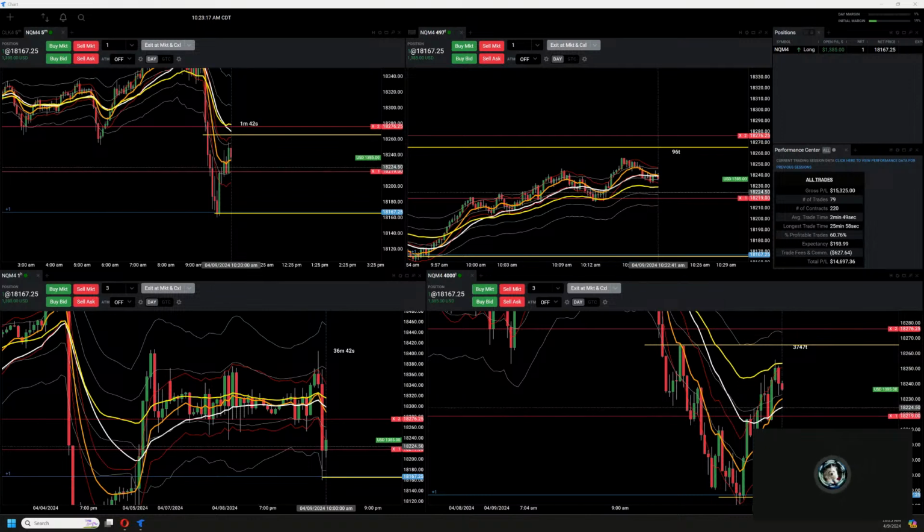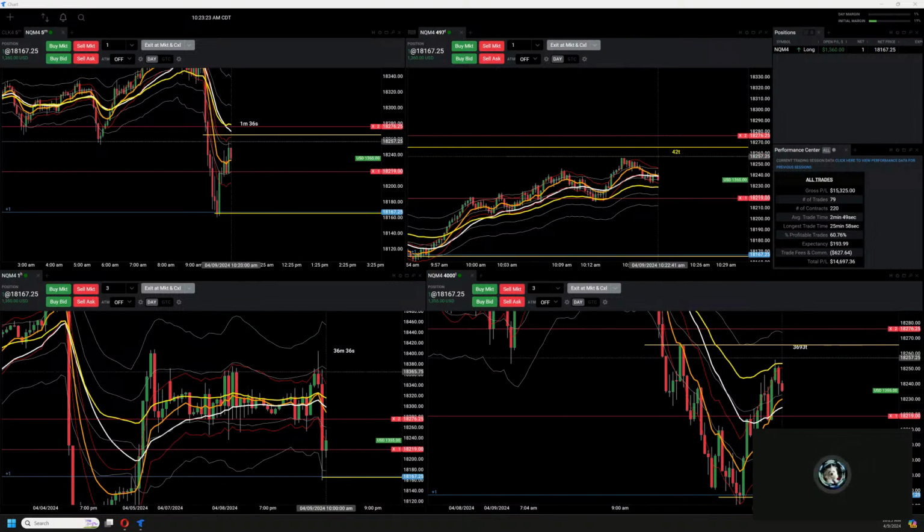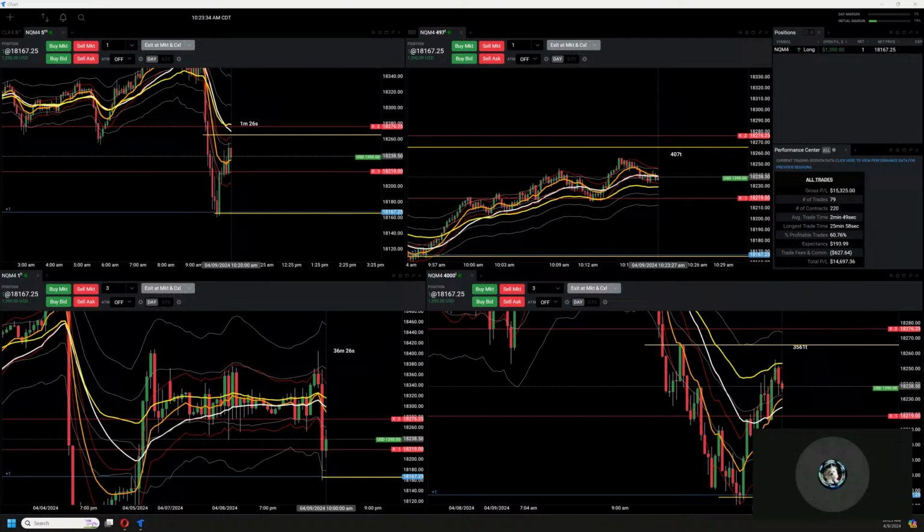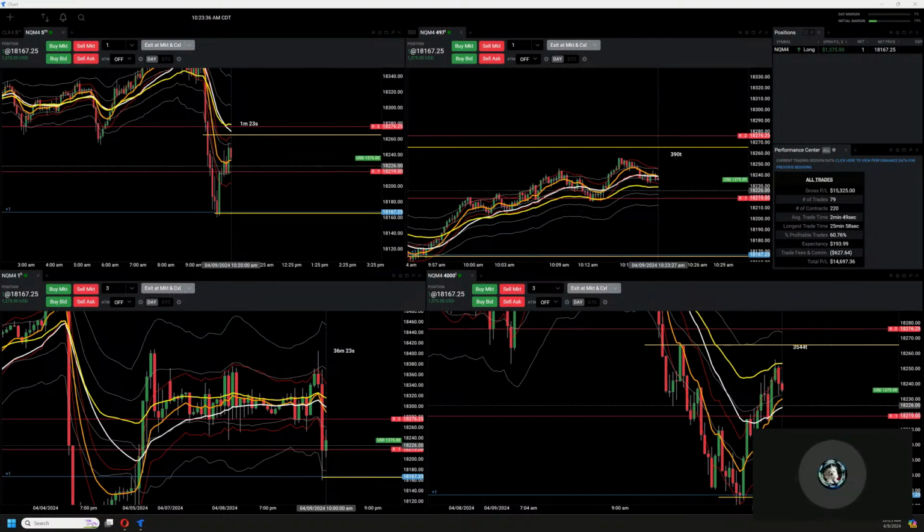But again, it's coming back to just getting familiar with everything you're talking about: seeing the levels, seeing the reaction zones, seeing where the good entries are. I think one of the big things is also always doing a gut check. Did I miss the trade? And if I missed the trade, is there an opportunity to still get into this trade where it makes sense?